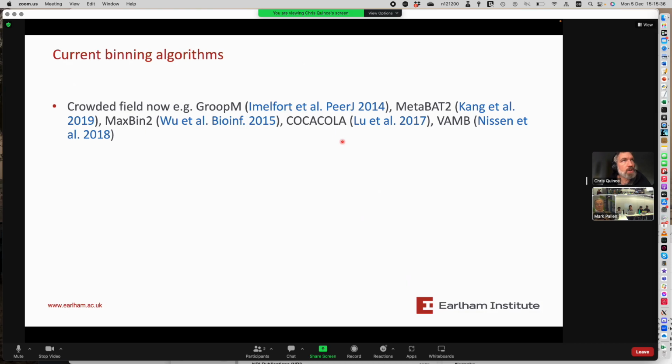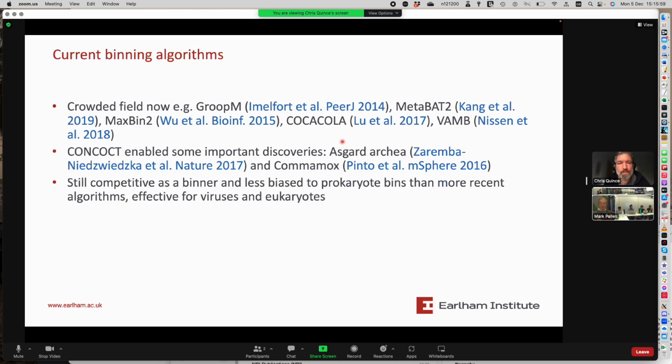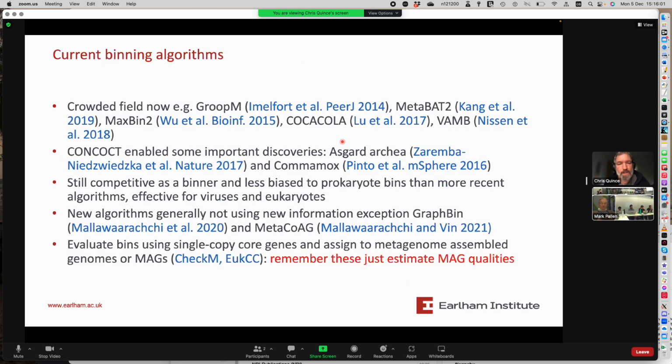But Concoct makes no assumptions whatsoever. So a Concoct cluster can do a decent job of clustering out viruses or eukaryotic genomes as well, which means it has some meaningfulness outside of just prokaryotic genome bins. We still like it in a couple of contexts.